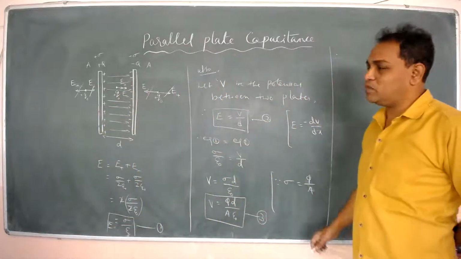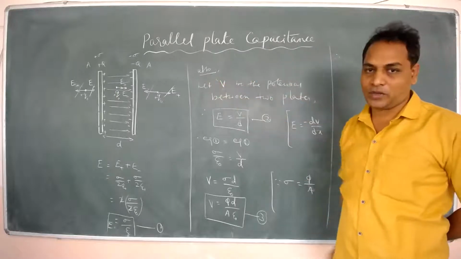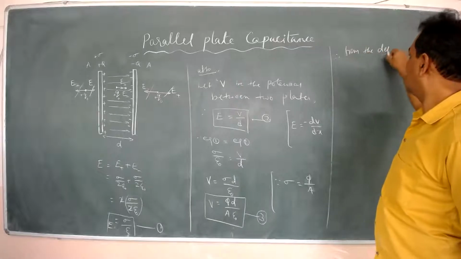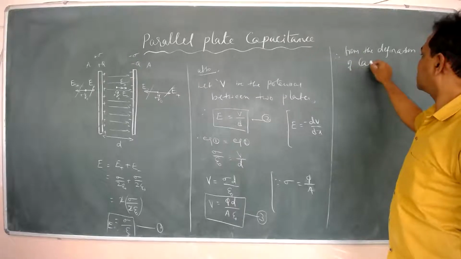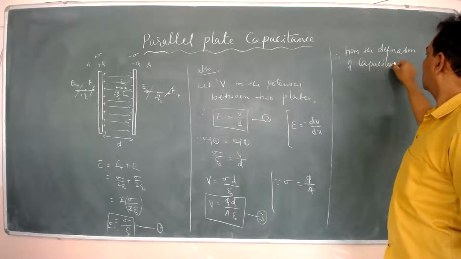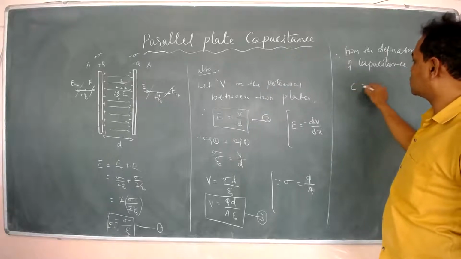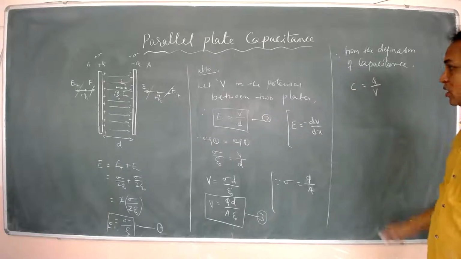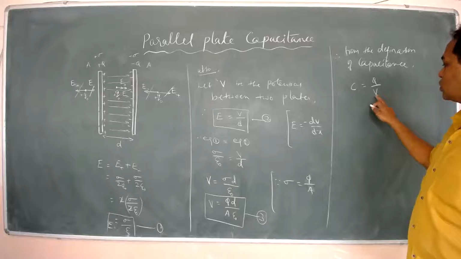Now our aim is to calculate the capacitance of a parallel plate capacitor. From the definition of capacitance, we know that C is equal to Q by V. Capacitance is charge by voltage, or charge by potential.